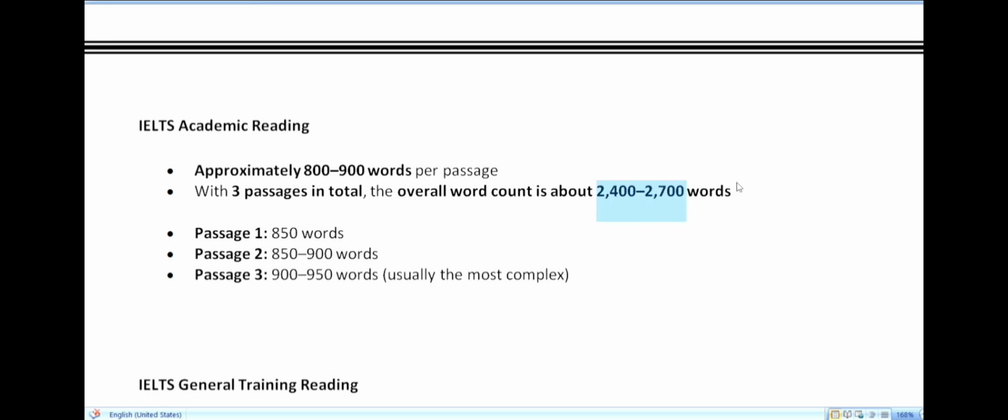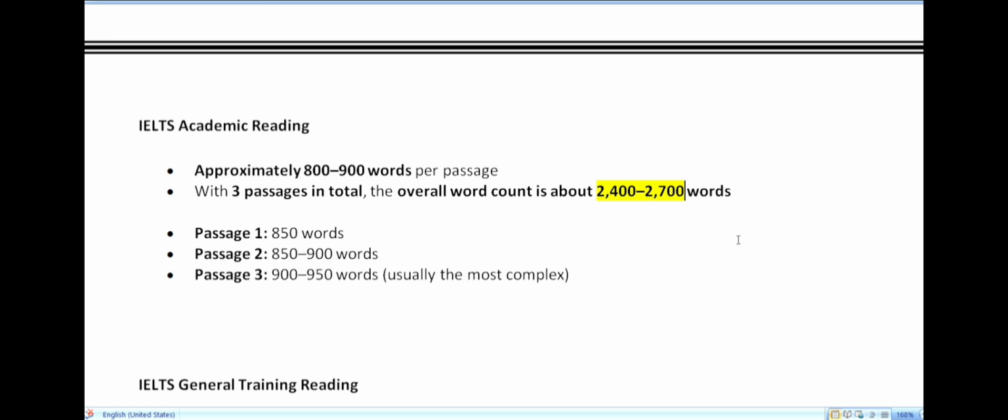And why are we understanding this? Because we have only 1 hour, that is 60 minutes, to study this large number of words and get our answers.